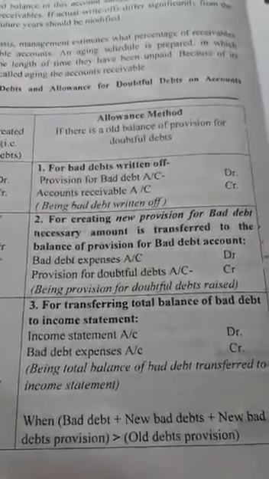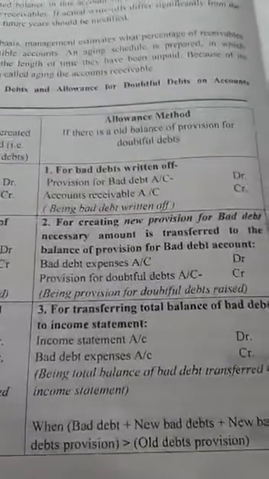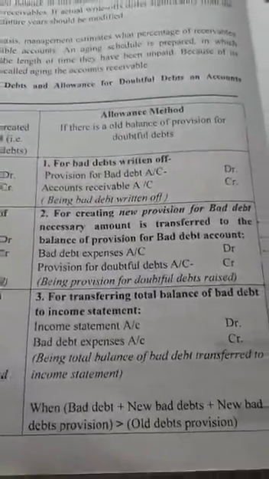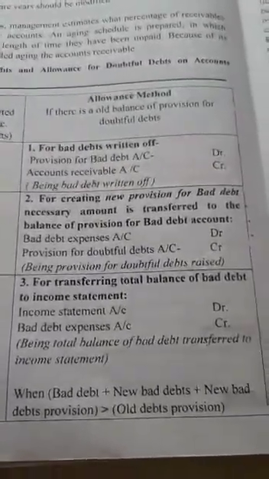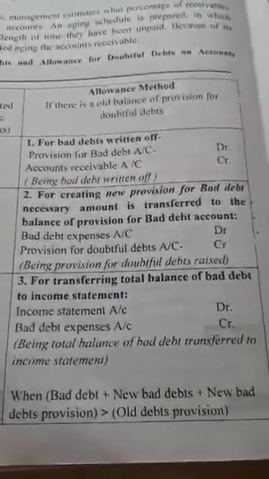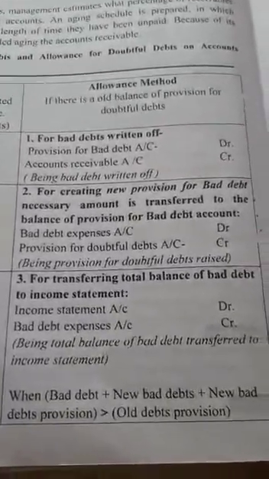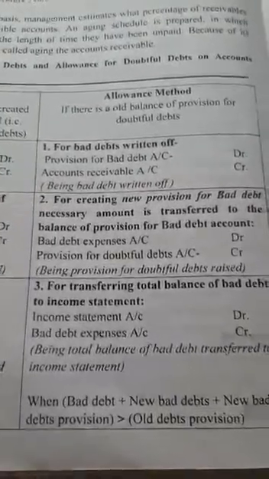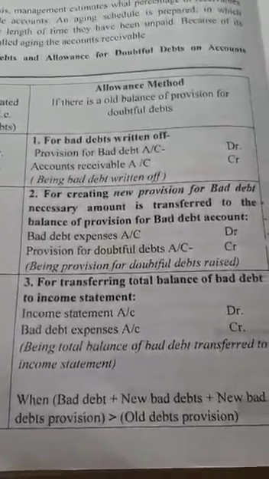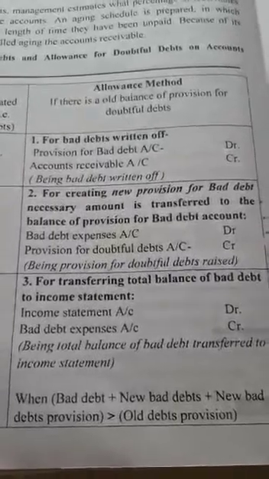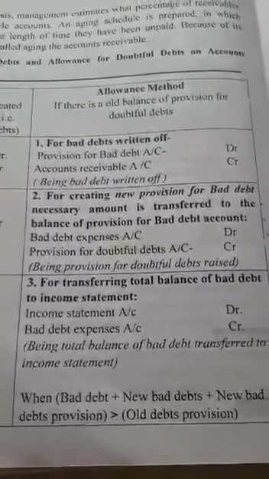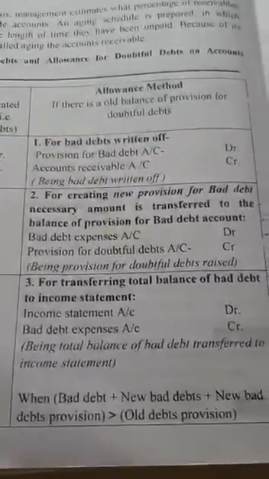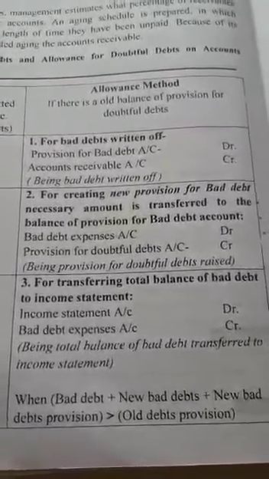To solve this problem, the allowance method is introduced. This is more applicable and more widely practiced. In this method, we create an allowance for bad debt every year in the same year, because we don't know which debtors will not pay.